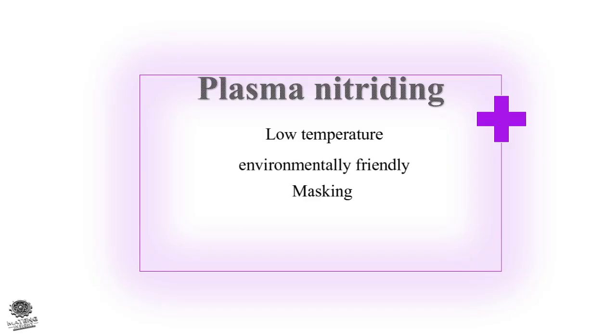Nitrogen diffusion can be restricted in certain areas using simple mechanical masks, suitable for pores and powder metallurgy parts. Nitrogen penetration can be precisely controlled by adjusting plasma parameters and pressure. Sputtering stage cleans the surface and enhances nitrogen penetration, especially in stainless steels.